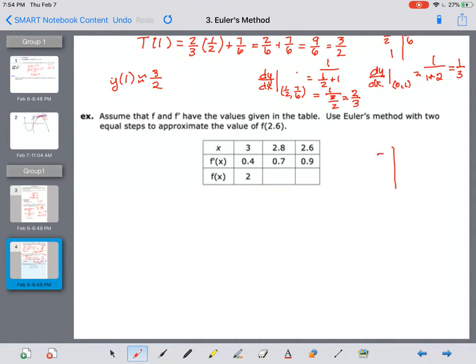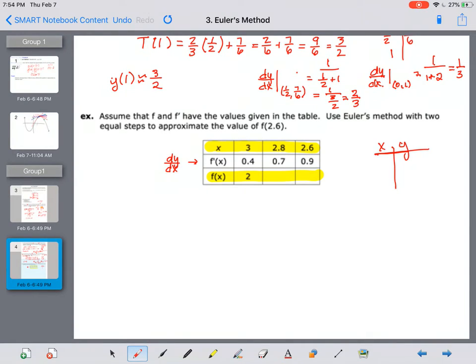So I'm going to create a table, and I'm going to take this x and my y, just like I did in the previous problem, and I'm just going to extract the stuff from the table. So remember that this is my x, this line right here, and these are my y's. The in between, that right there is our dy/dx.